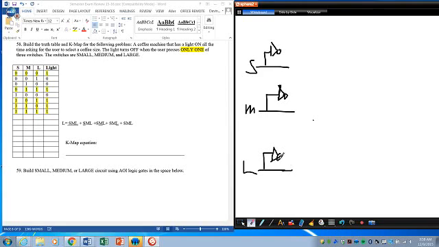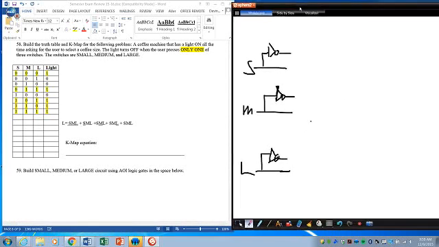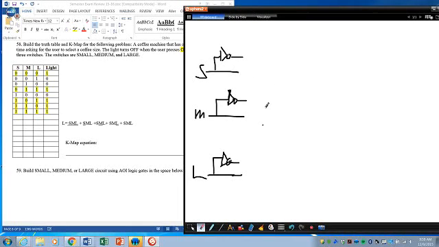Okay, I'm going to draw this equation right here. First of all, I know usually we do 2 input AND gates, but this time to make it easier, I'm going to use 3 input AND gates. So I'm going to put an AND gate here. S, M, L, they're all lines, so I'm going to connect it to all the NOT gates. That's the first one. Second one, the S is NOT. I'm going to use a different color.